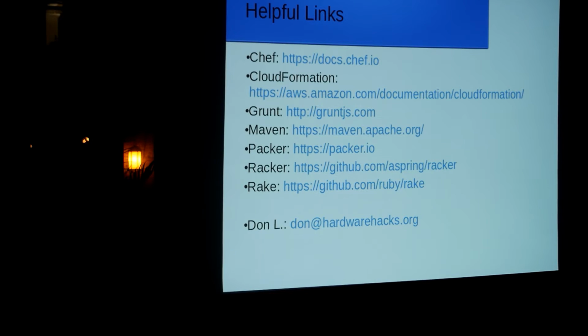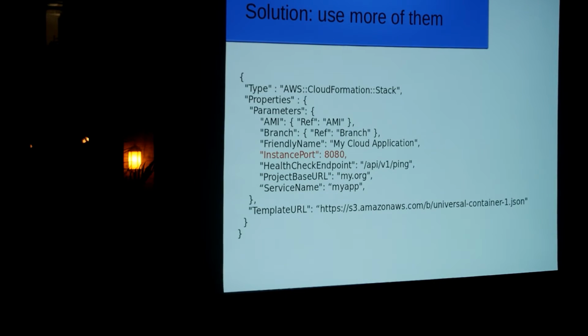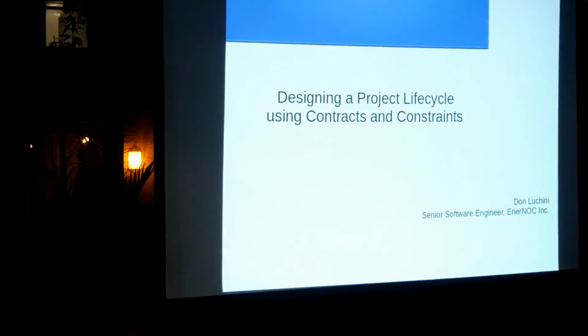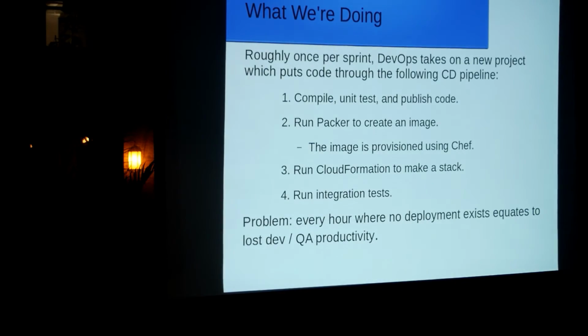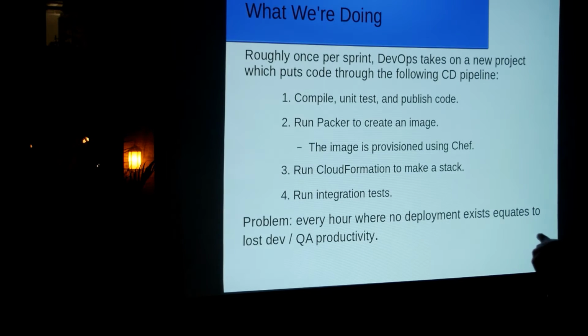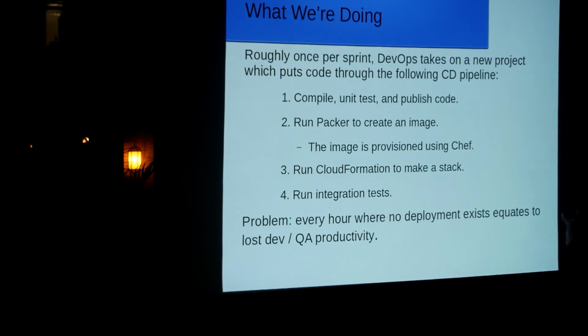How do the parameters get into the templates with CloudFormation? So, let's see. This is a little bit more specific to the workflow we have. If I go back to this slide, these are separate stages in our pipeline. The output of one of these stages feeds the next one.